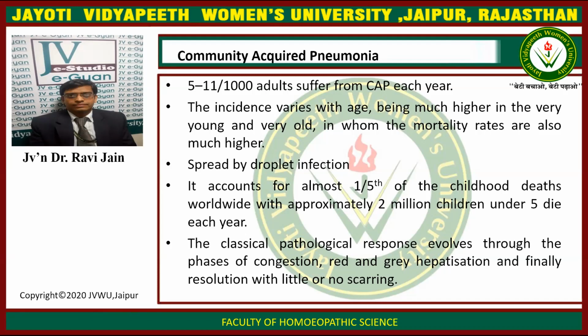It accounts for almost 1/5 of childhood deaths worldwide, with approximately 2 million children dying under the age of 5 years. The classical pathological response evolves through the phases of congestion, red and gray hepatization, and finally resolution with little or no scarring.